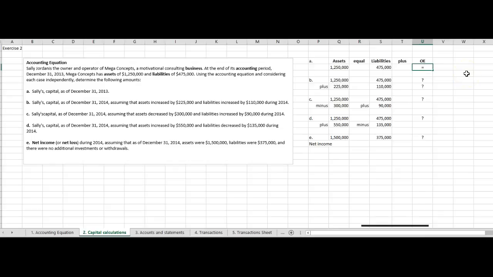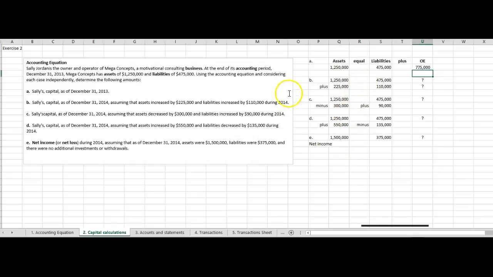Well, that's a replay of what we did before. So you're going to take assets minus the liabilities, and that will give us the owner's equity. So that's kind of how we play out through this entire problem, where you're going to do scenarios.